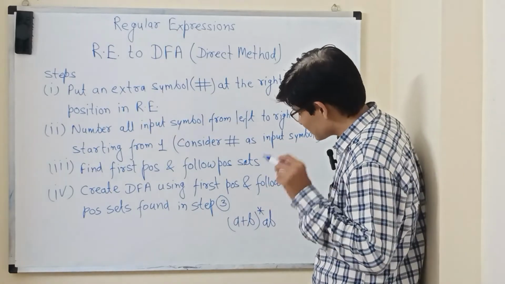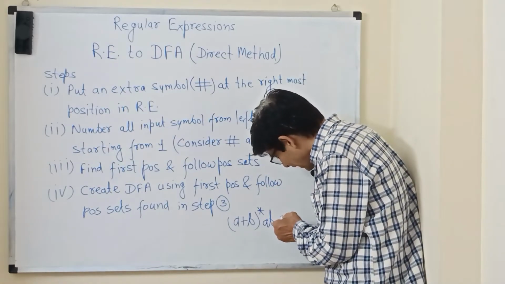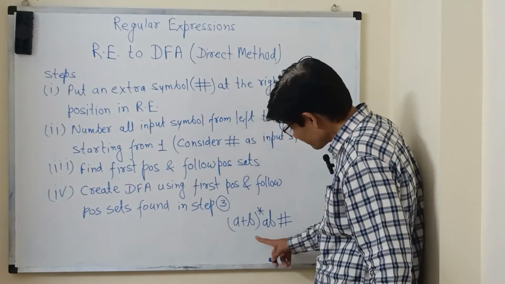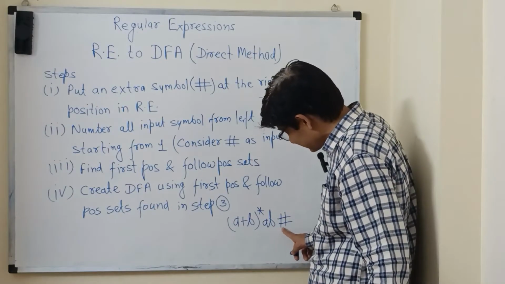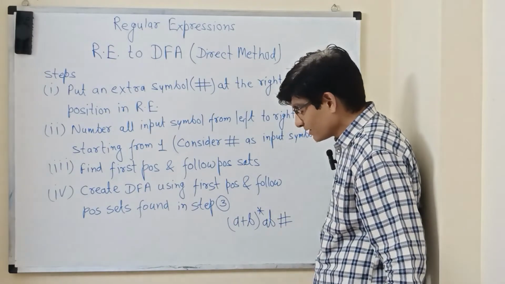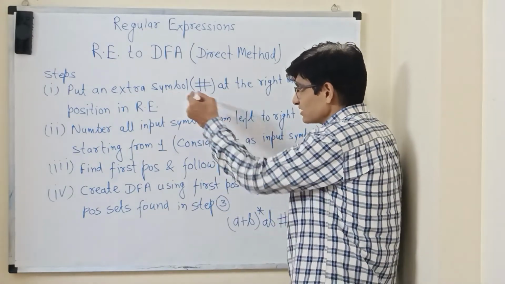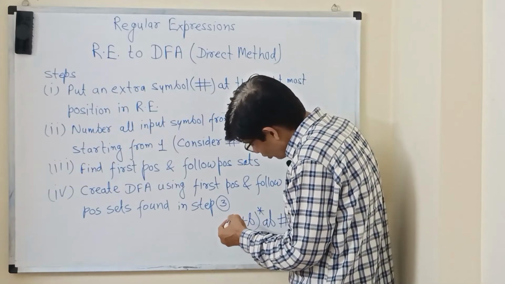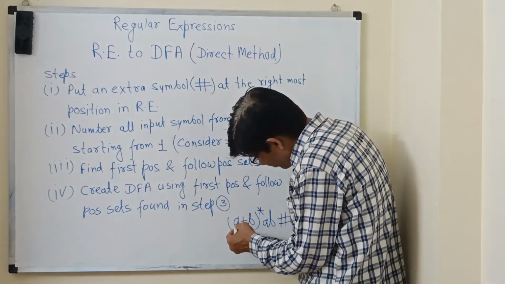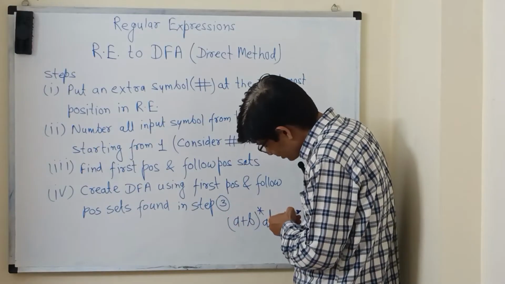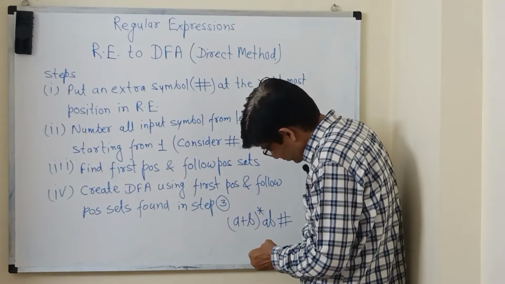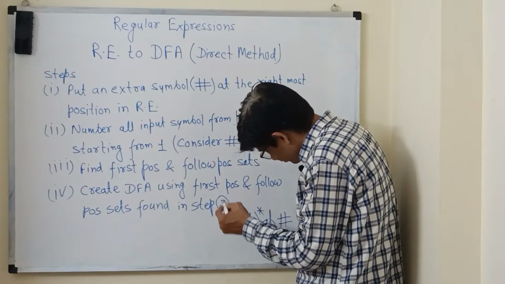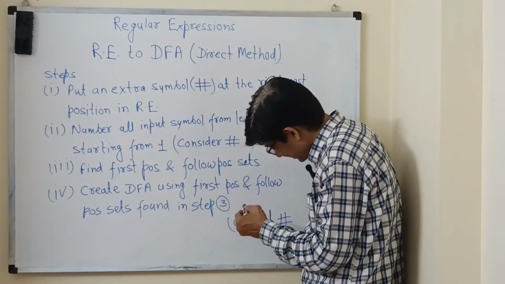As the first step, you need to add one extra symbol, hash, which is placed at the rightmost position in the regular expression. Now in the second step, we number all input symbols. Two input symbols are there in the bracket, and one extra symbol we have added here as hash.